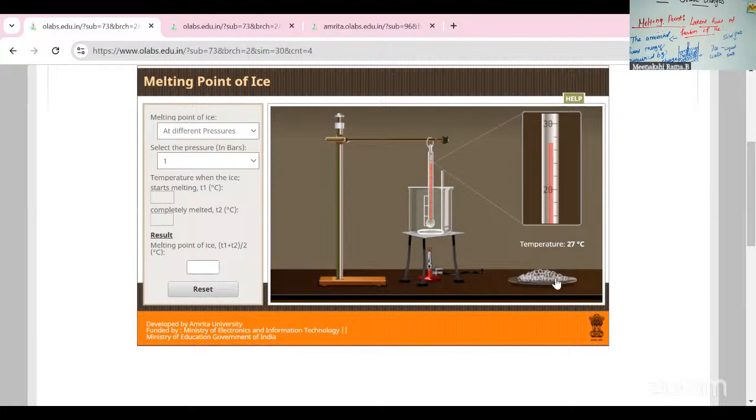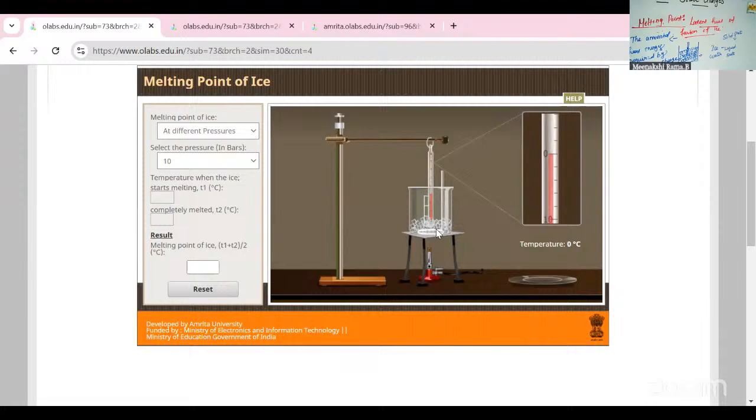So I'm going to take the ice cubes and put them into the beaker. Want to select the pressure level also. Just look at here, the thermometer temperature. The temperature is indicated in this area.